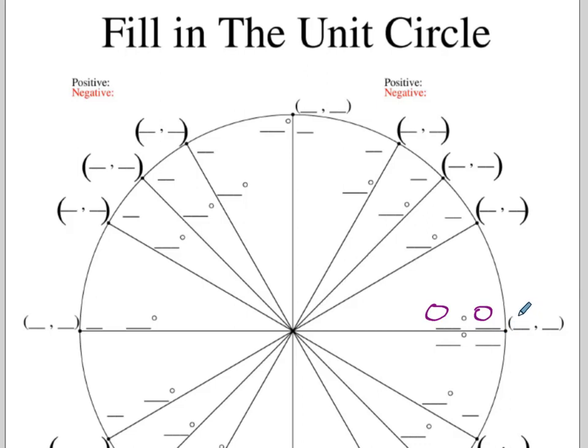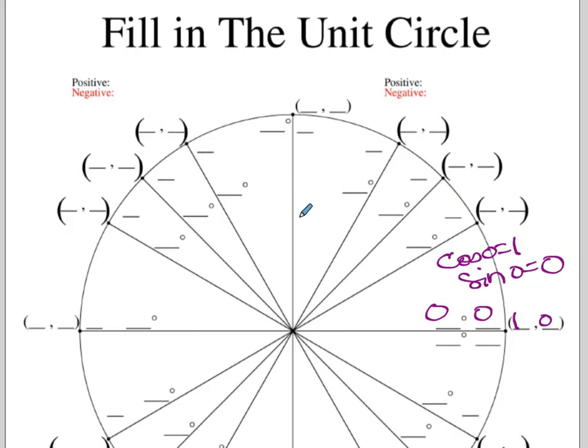So the coordinates here are 1 and 0. And so what this means is that cosine of 0 is equal to 1, and sine of 0 is equal to 0. Okay?